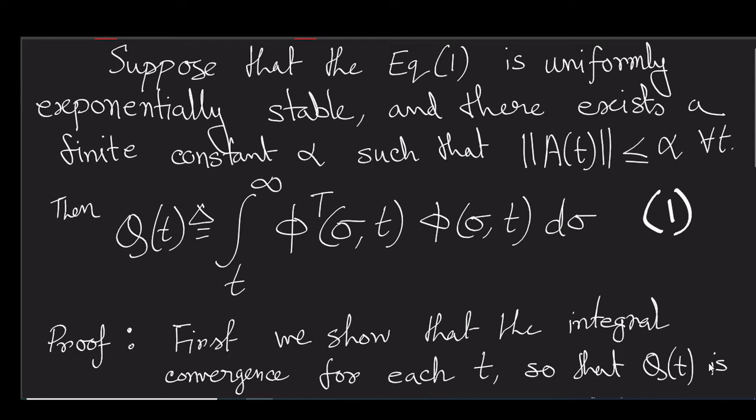And here, this phi t obviously represents the transition matrix. But then obviously one question may come, that this implies we need to calculate the transition matrix. What we are looking for is that the calculation of the transition matrix could be avoided.